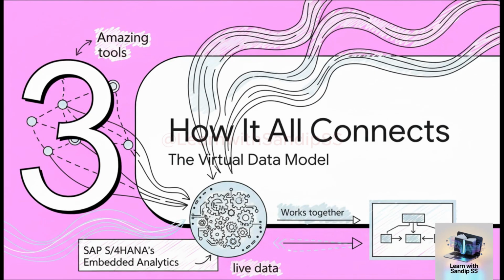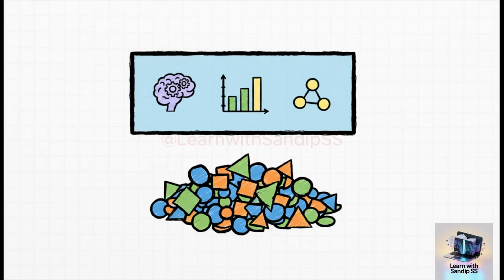So we've seen all these amazing tools, but you might be wondering, how do they all work together so seamlessly? And on live data, no less. Well, the magic behind the curtain is something called the virtual data model. The real engine behind all of this is a technology called Core Data Services, or CDS views. Now, don't get hung up on the technical jargon.